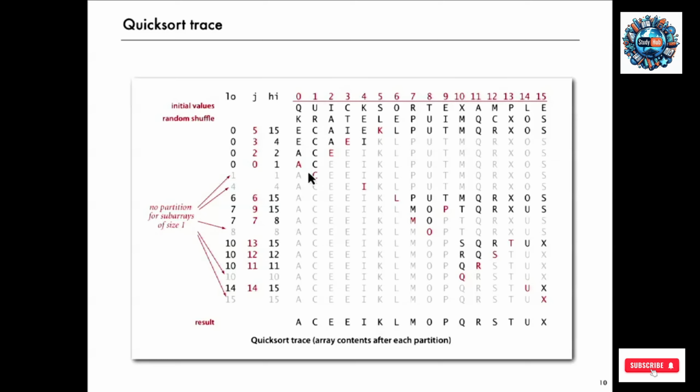Eventually we get down to small subfiles. Actually, our code doesn't do anything at all for subarrays of size 1, so we just leave those in gray. And then it does the right subfile and so forth. Again, a trace like this gives a good feeling for exactly what's going on in the recursive program.